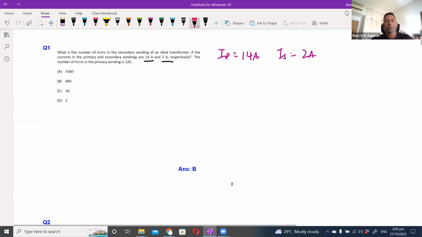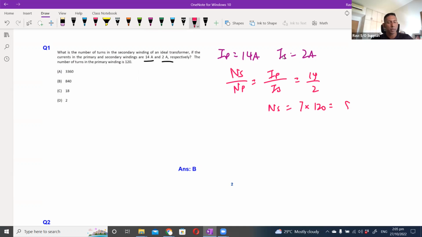We know NS over NP equals IP over IS, which is 14 over 2. So NS will be equal to 7 times 120, which is 840.